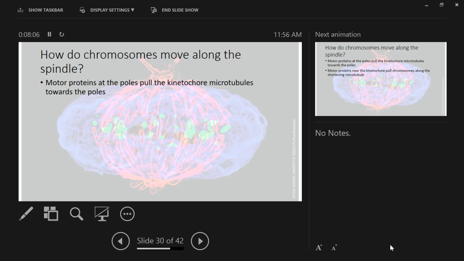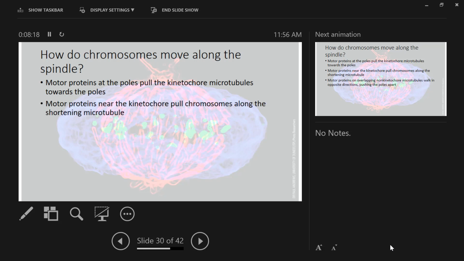Motor proteins at the poles are pulling these kinetochore microtubules. Motor proteins near the kinetochore are walking the chromosome along the microtubule. But then we also have motor proteins working on those non-kinetochore microtubules, walking them in opposite directions, lengthening the cell.